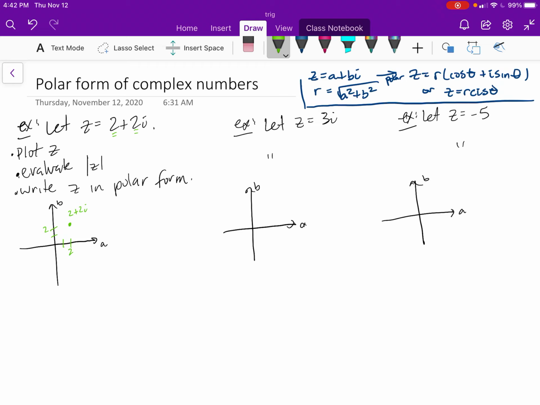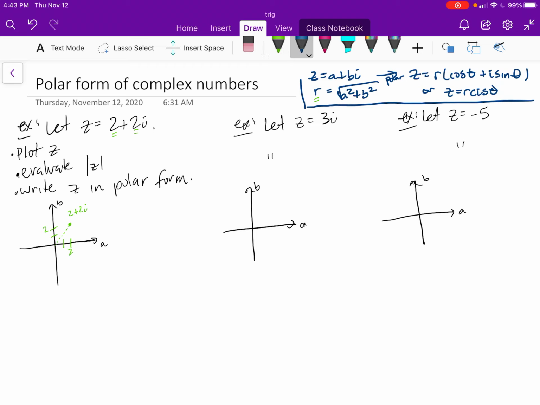Evaluate the absolute value of z. Okay, the absolute value is what we are calling r here, right? It's a distance formula. Absolute value means distance, so the distance from (0, 0) to there, that's what we are evaluating.